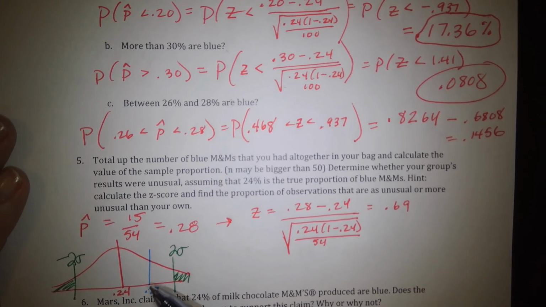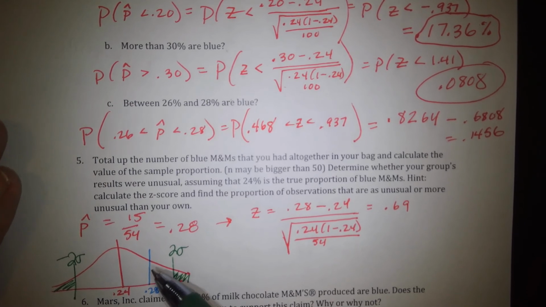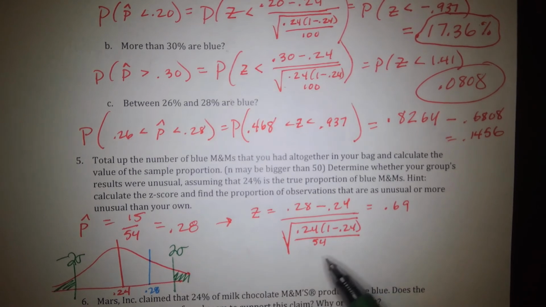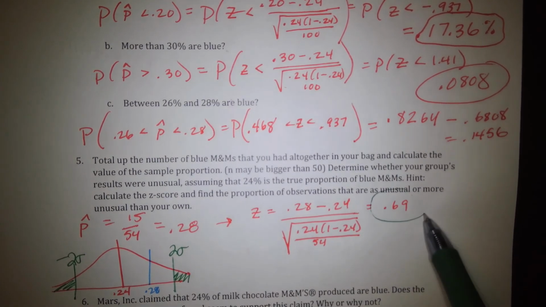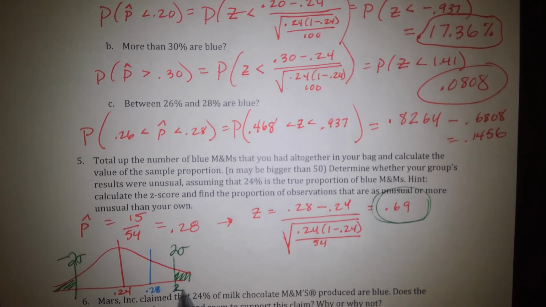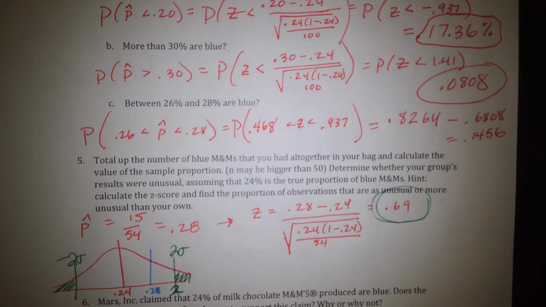So my question is, my bag that has 28% blue M&Ms, is that considered unusual? It's not considered unusual because the z-score is 0.69, which is inside a z-score of 2. Anything outside of 2 is unusual.